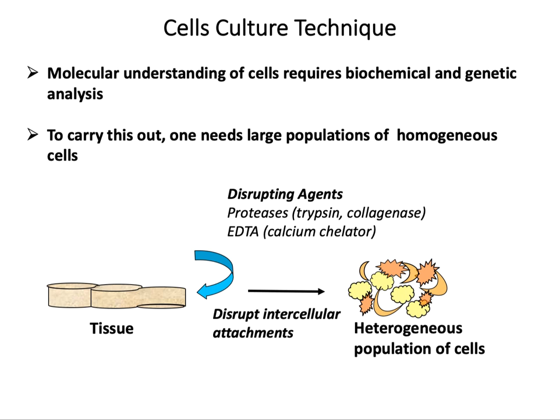Cell-to-cell and cell-matrix interactions rely on calcium as well. So you can use calcium chelators like EDTA to disrupt the intercellular attachment and facilitate the release of cells from the tissues. After this first step, you have a heterogeneous population of cells, and usually not very helpful if you're interested in one cell type.